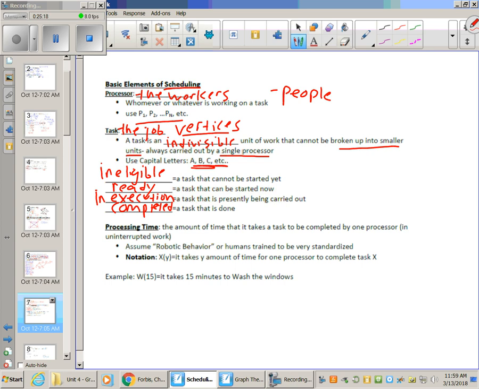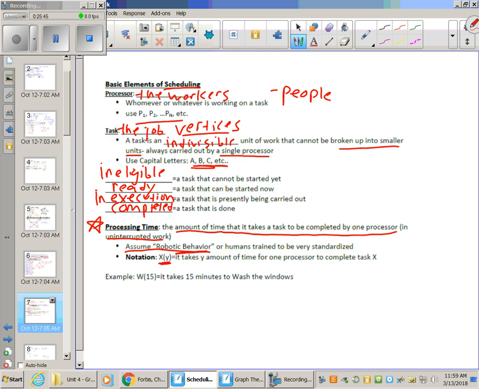Processing time. This is the biggest difference between our past examples and now. Processing time is the amount of time it takes a task to be completed by one processor in uninterrupted work. We're going to assume some robotic behavior, even though that's not necessarily true, but we'll assume the processing time is the exact amount of time it takes to do the task. Here's the notation.